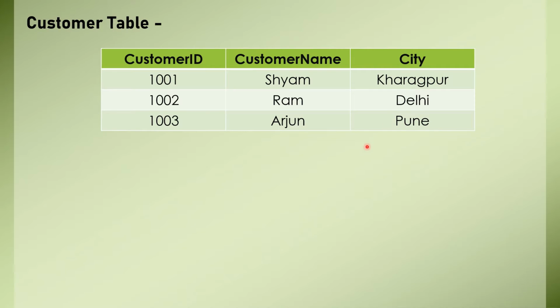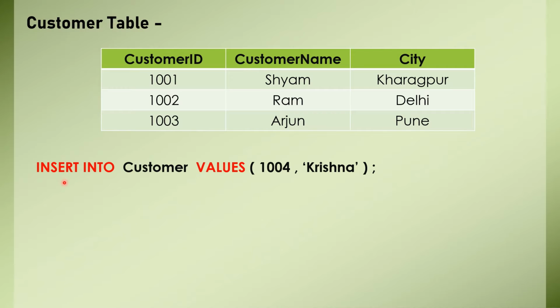So we need to insert a new record without specifying the city value. What will be the query? The query is simple. You just write insert into the customer table, values 1004 and Krishna, but we haven't specified the city column because it is not mandatory, because it is nullable.